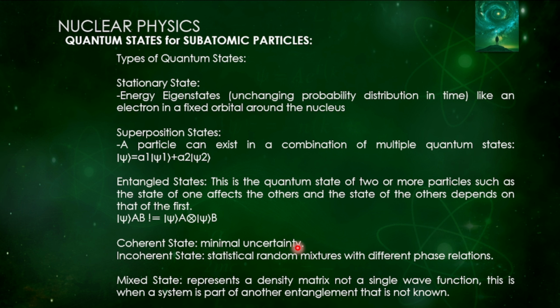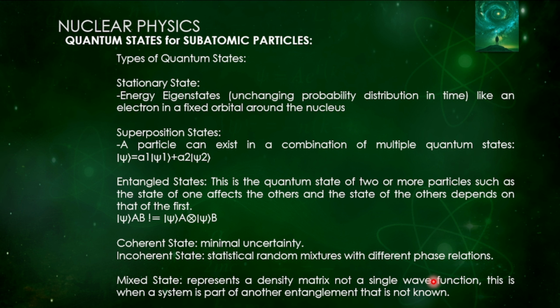Coherent state, which has minimal uncertainty. Incoherent state, statistical random mixtures with different phase relations. Mixed state represents a density matrix, not a single wave function. This is when the system is part of another, much more complex entanglement. That is not known, but we see that you have a matrix distribution of the states.